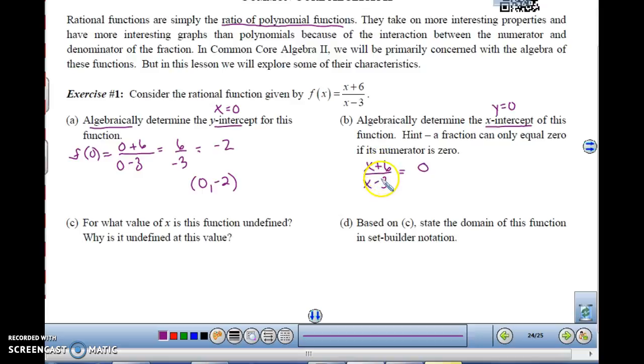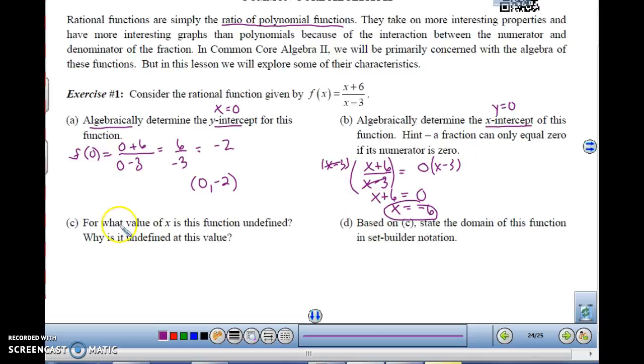So the top would have to equal 0. So if I multiply both sides here, technically, by x minus 3, that's going to cancel this out, leaving x plus 6. 0 times x minus 3 is just going to be 0. So x is going to equal negative 6. So my x-intercept will be at negative 6.